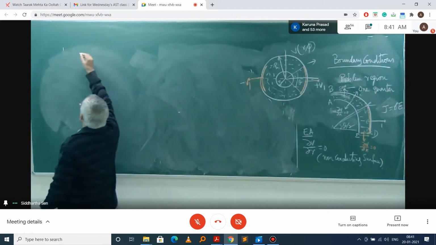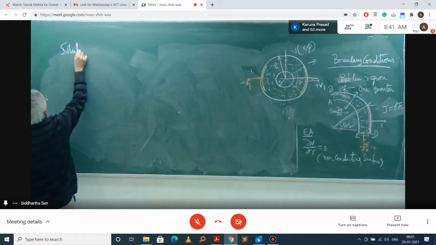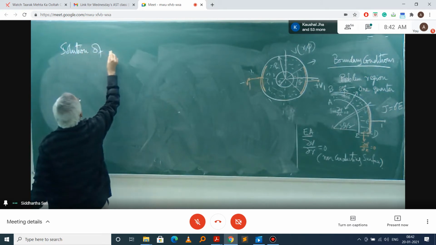So now, the solution of Laplace equation.